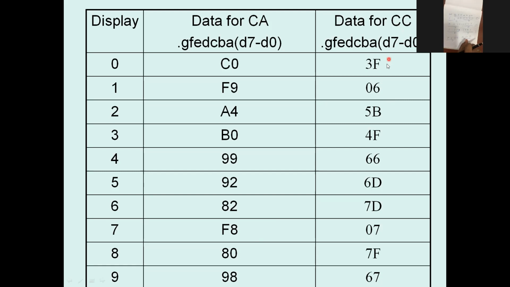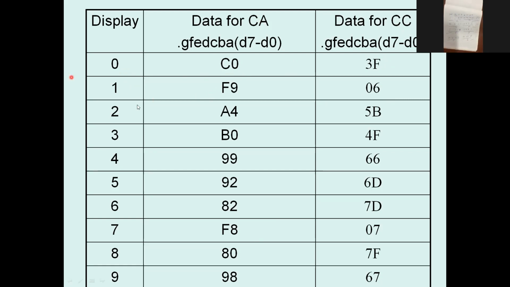In common cathode, it's 3F for 0 and 06 for 1. In common anode mode, for display 0 it's C0, and for 1 it's F9.